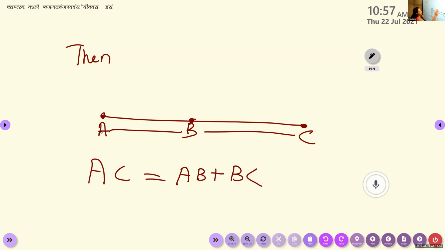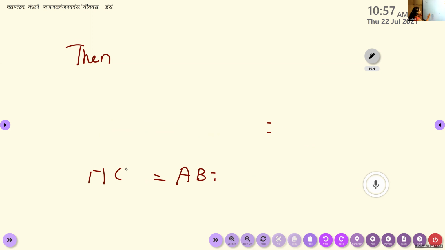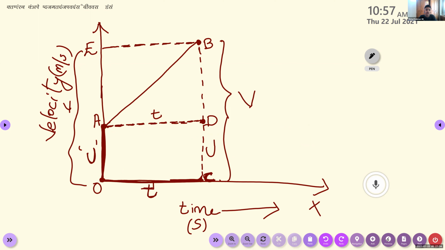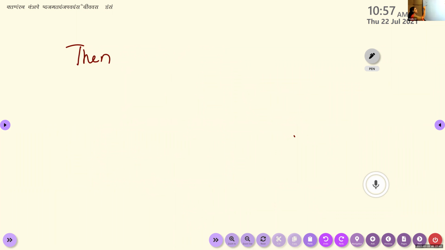Similarly, consider the line BC in our graph. BC is equal to BD plus DC. Okay, so write that sentence: from the graph we have BC is equal to BD plus DC.